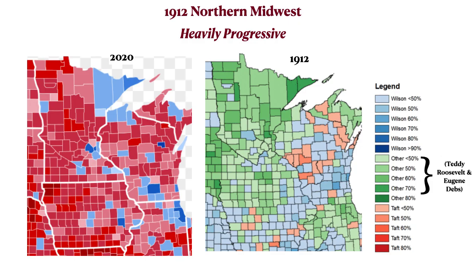Let's look at the northern Midwest, again, historically. 1912, that very interesting election where the Republicans split. Taft, who was the incumbent, did very poorly in the election. He came in third. Teddy Roosevelt, who had this upstart Progressive Party or Bull Moose Party, did better. Unfortunately, this map is putting the Teddy Roosevelt and Eugene Debs or socialist vote together.